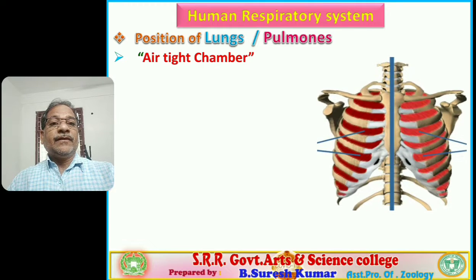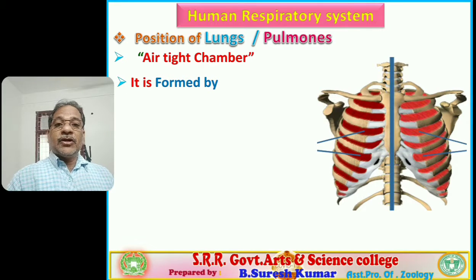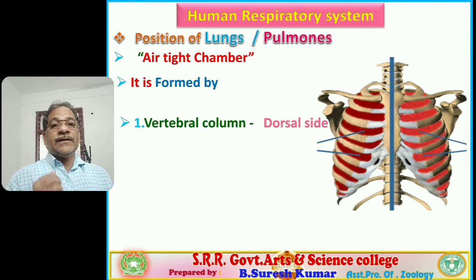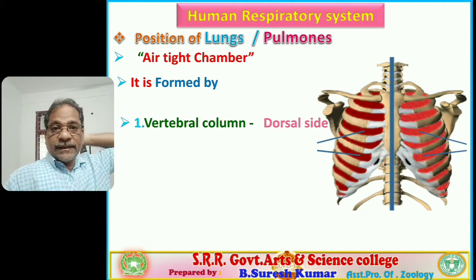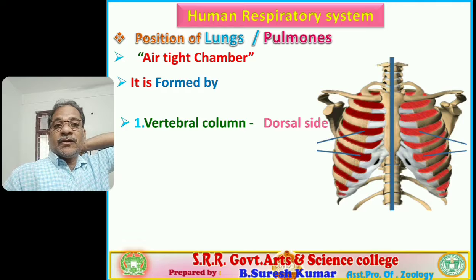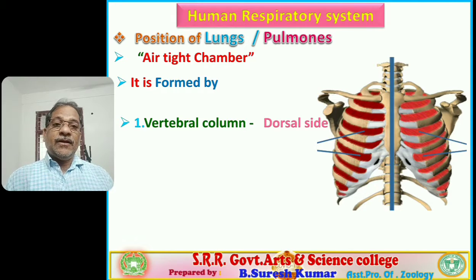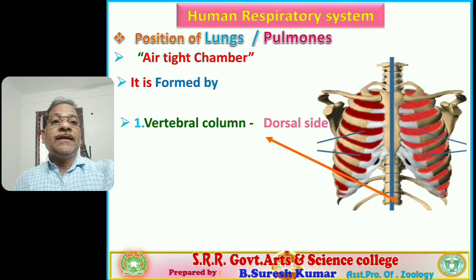Let's see. The airtight chamber is formed by these structures. The first one is the vertebral column toward the dorsal side. This is our ventral side and the opposite side is the dorsal side. So towards the dorsal side, what is present? The vertebral column is present, which borders the lungs.